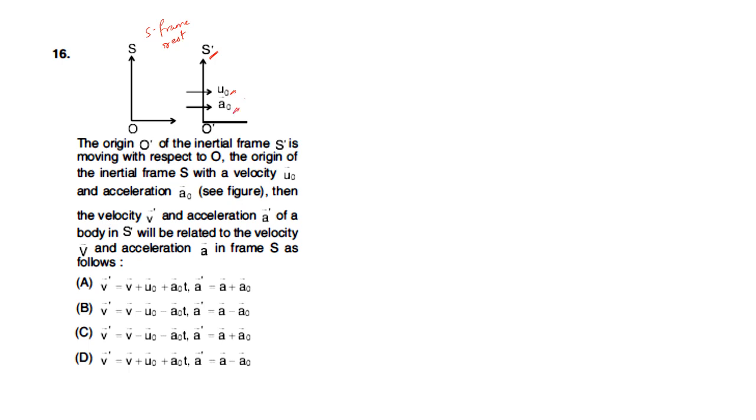Then we have to find velocity v prime and acceleration a prime of a body in S prime, which will be related to velocity v and acceleration a in frame S. You know that any coordinate x prime in S prime frame can be represented as x, the coordinate with respect to S frame, minus u naught t.